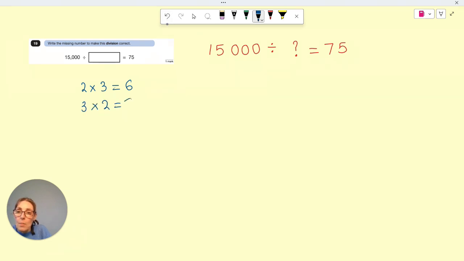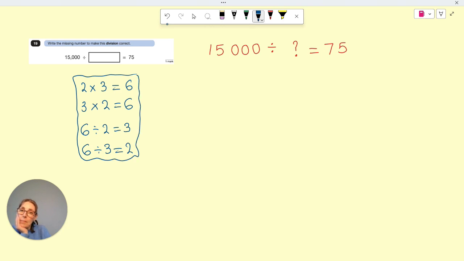I use this to help me to work out what to do. And you don't have to write all of these, but it just helps to see. I can look at it and compare them. So if I was going to call 15,000 my 6, and I don't know, that could be a 3.